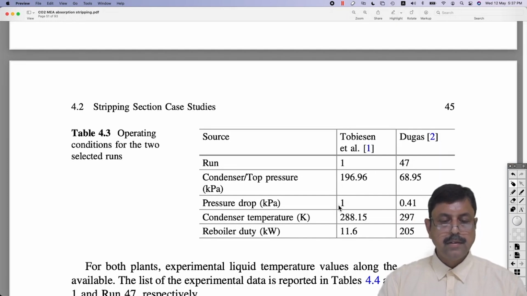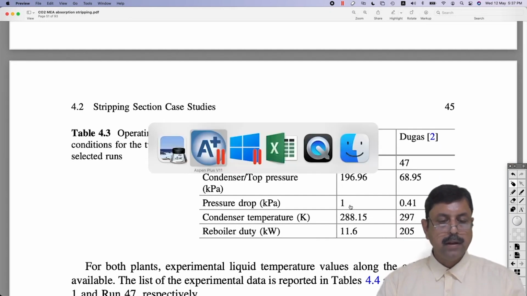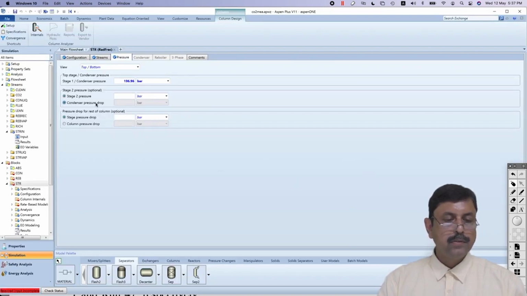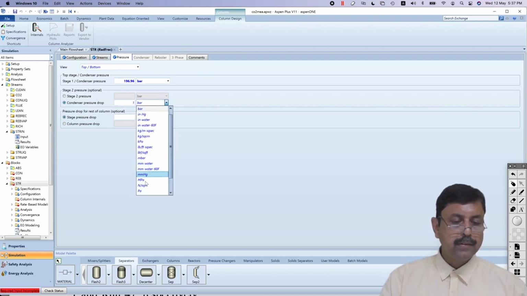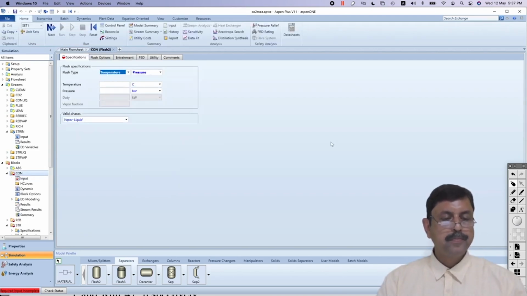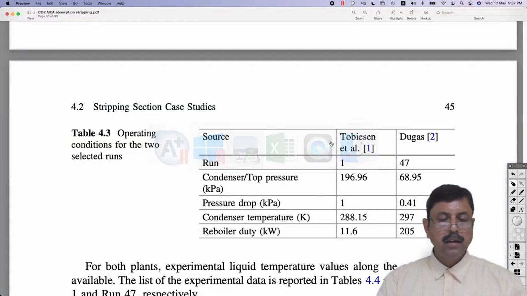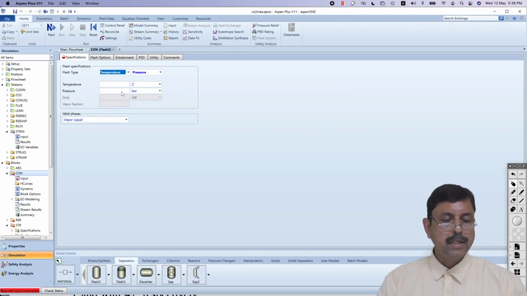Yeah, this is a pressure drop, 1 kilopascal. So condenser pressure drop 1 kilopascal. What about the flash? Flash, it says that it operates at 196.96 kilopascal. The pressure is 196.96 kilopascal.